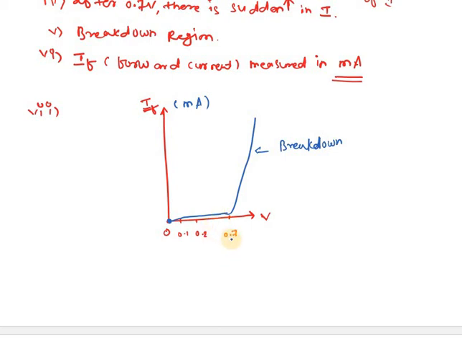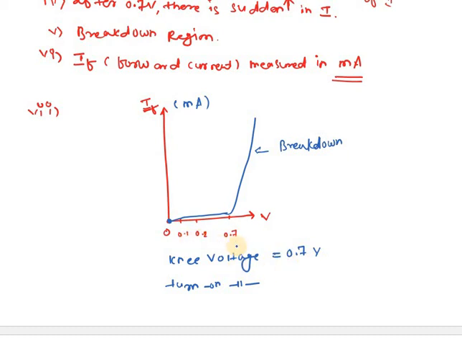Now this 0.7 volt is also called as knee voltage. It is also called as what? Knee voltage, which has a value of 0.7 volt, or this is also called as turn on voltage. Remember, these are quite important points.